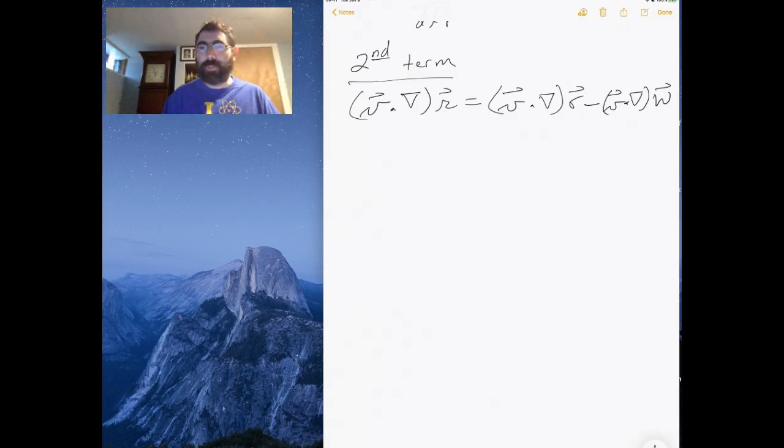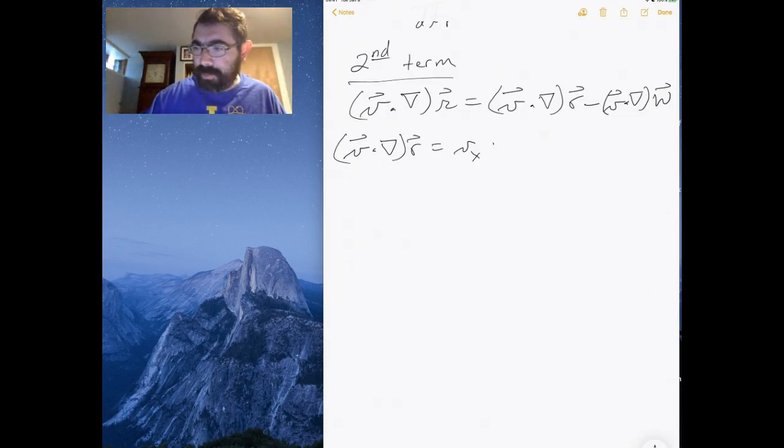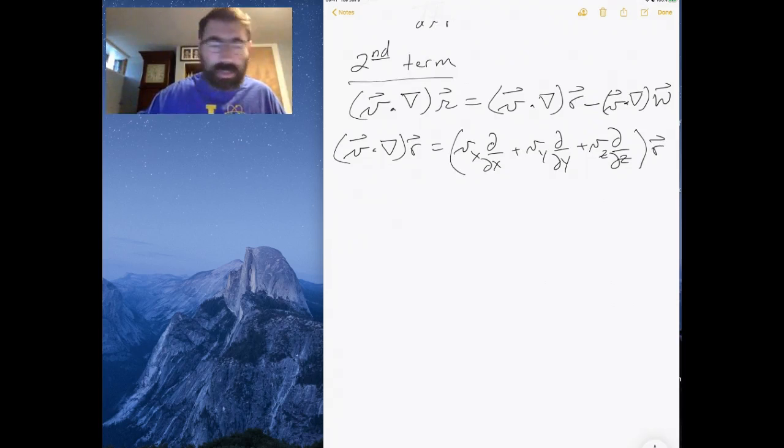Now we have to work out these two terms, but we can work them out the same way that we did before, which is V dot del operating on R is Vx d/dx plus Vy d/dy plus Vz d/dz operating on R.